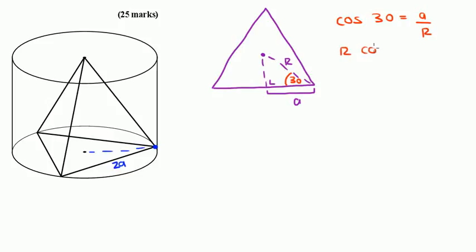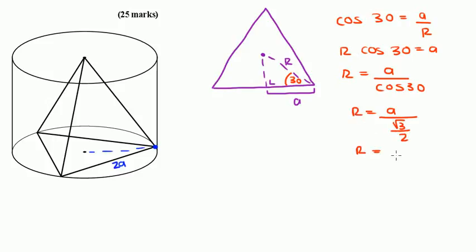So r multiplied by the cosine of 30 is equal to a. So r is going to be equal to a divided by the cosine of 30. So cosine of 30 is square root of 3 over 2. So when I simplify, I'm going to find that r is equal to 2a over the square root of 3.